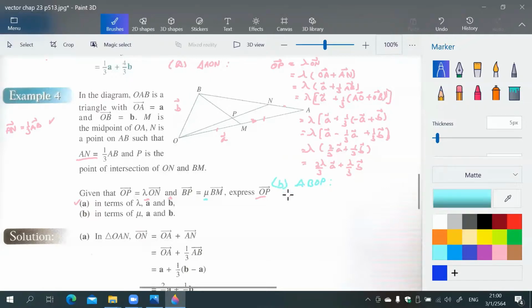Now for that triangle, OP equals OB plus BP, because I can use this data I have. So OB is vector B, plus BP here, which equals mu vector BM.